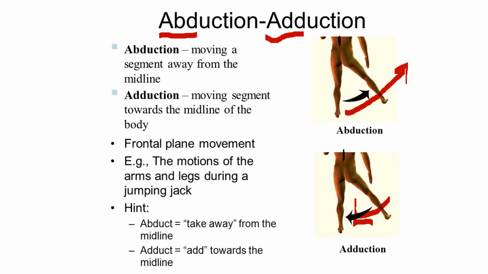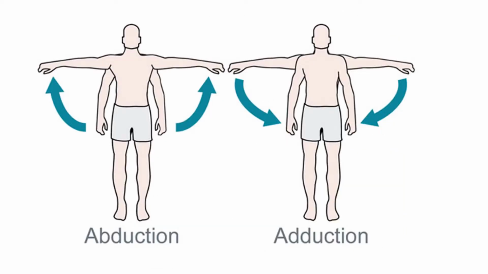So those are very important to know. So abduct, take away from midline. Adduct, add or towards the midline. Yet again, abduction, moving our body parts away from midline. Again, remember, midline. Okay? And adduction, bringing it towards midline.